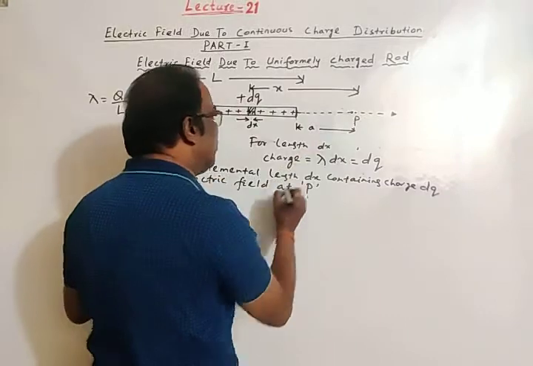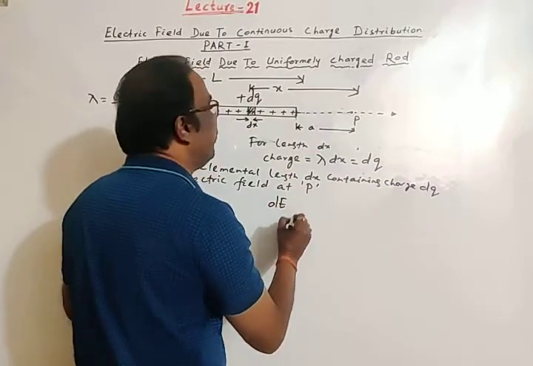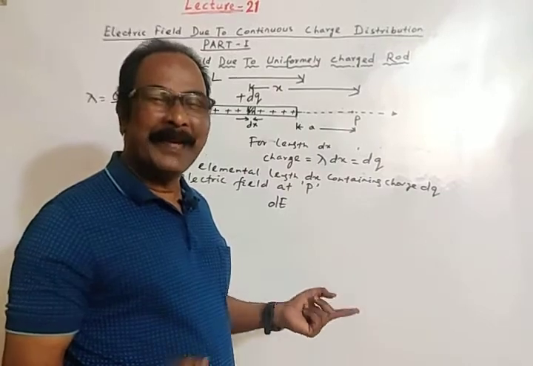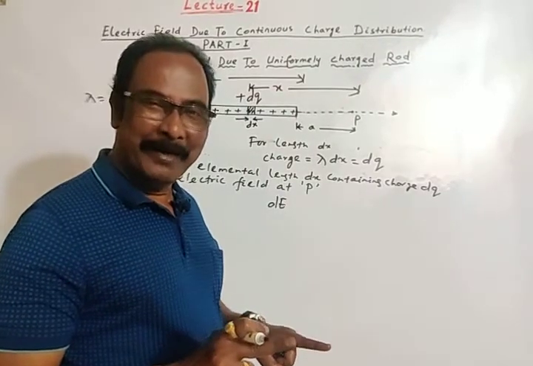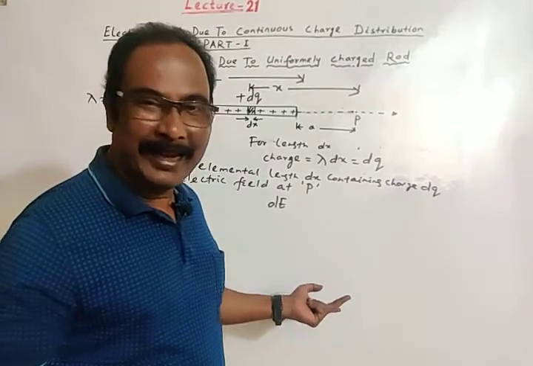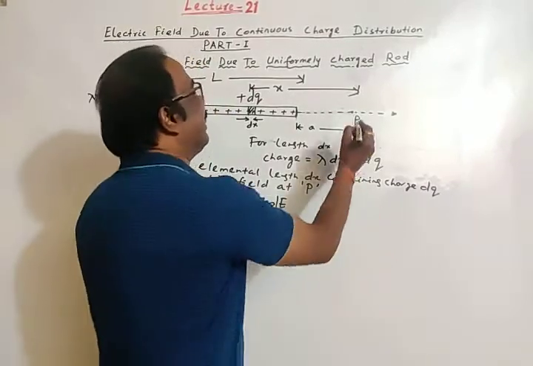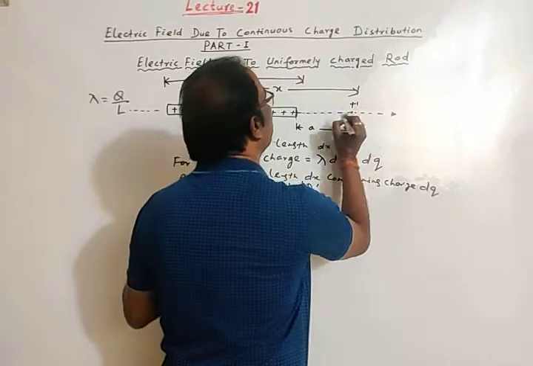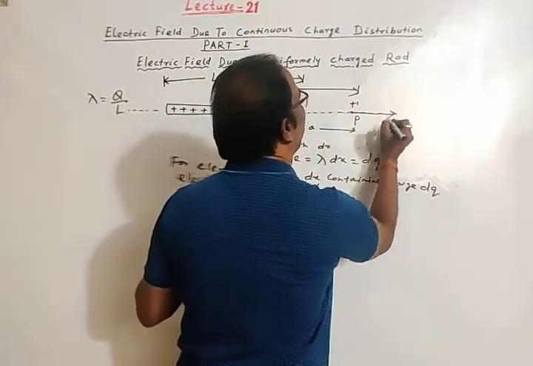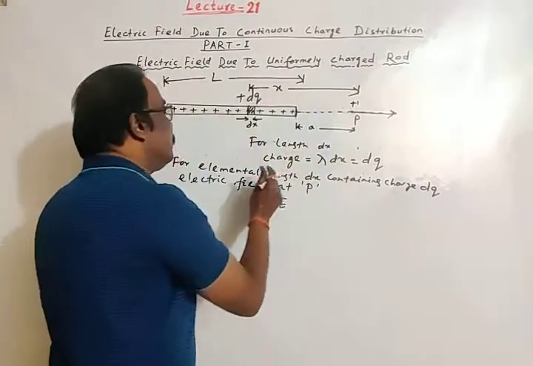Again, to find the electric field, we have to place a unit positive charge, and force on the unit positive charge is the electric field. Let's place here a unit positive charge, and this charge will repel it along this direction.